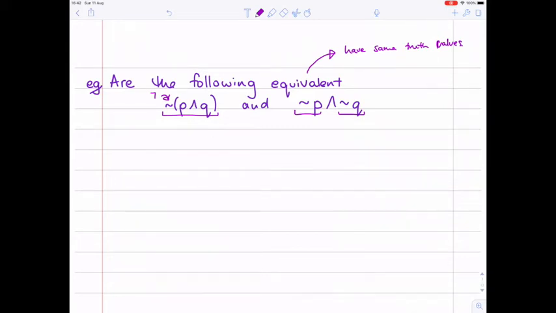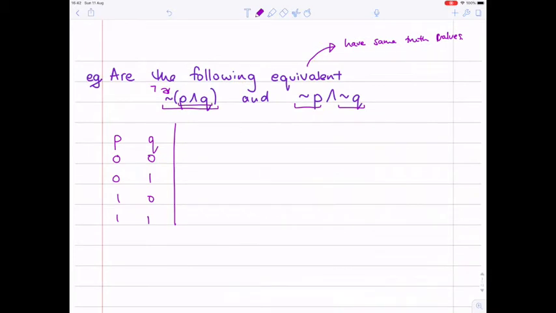All right, well, let's put together a truth table for each of them. So we've got our P and Q in our standard truth table: 0, 0, 0, 1, 1, 0, 1, 1. Let's go ahead and figure out P and Q, which we know is false unless both P and Q are true.